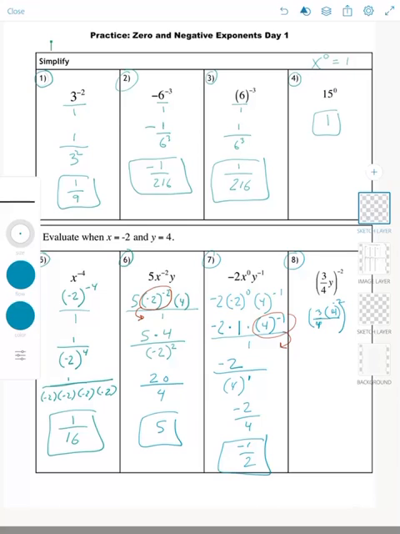Okay, so really we have 3 over 4, so it might be easier to actually clean up what's inside the parentheses before we do the exponent, because we can, and this 4 and this 4 can cancel. So really all of this is 3 to the negative 2 power. Well, that's over 1, so flip it upside down and you get 1 over 3 to the positive 2 power, which is 1 over 3 times 3, which is 1 over 9. There are the solutions.